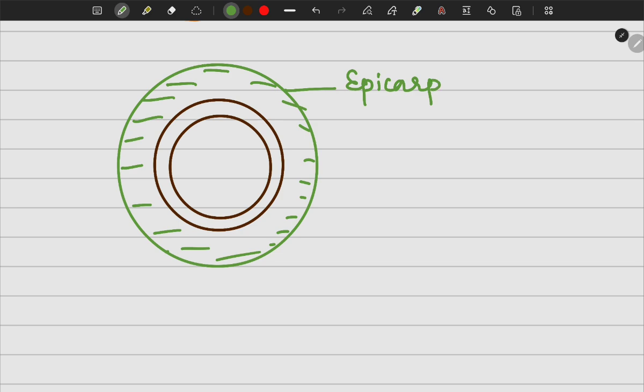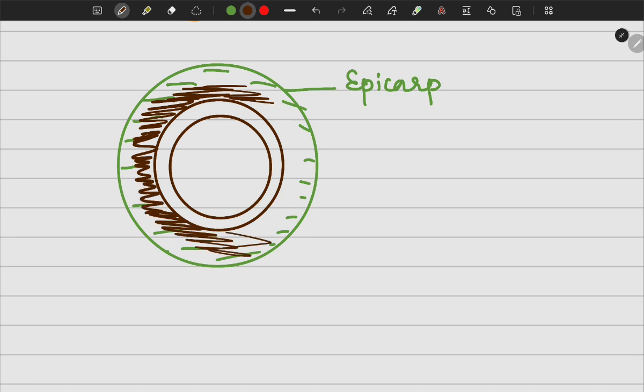Since coconut is also a drupe like a mango, it will also have three different parts of the fruit wall. The outer epicarp, then a middle fibrous mesocarp. This is usually the coconut that we use in our homes for religious purposes.